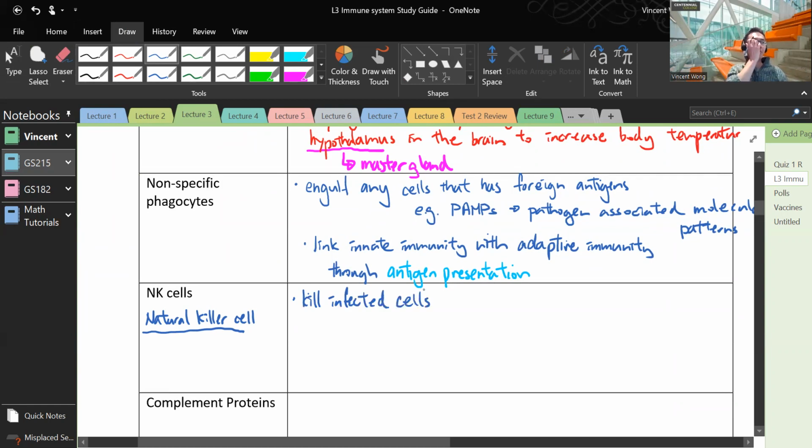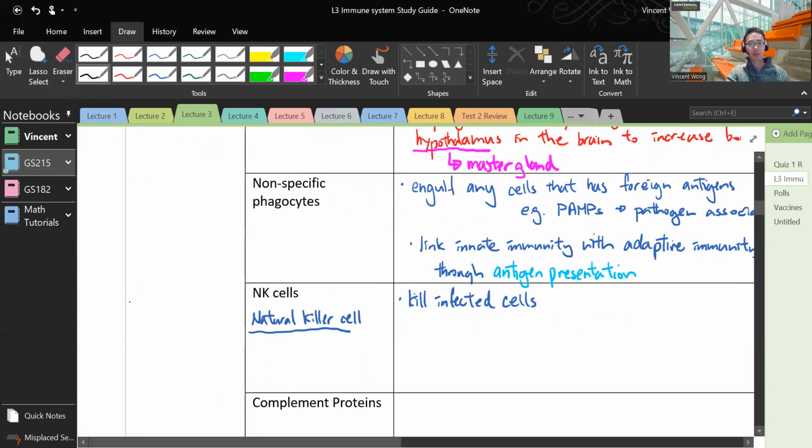Sometimes a cell is infected by a virus, and just a little bit of review of what a virus is. Let's say this is your cell, and when a virus comes, it will inject its genetic material into the cell, and then the cell is going to make little viruses and put them together. Ultimately the cell is going to burst open, and all these baby viruses are going to come out.